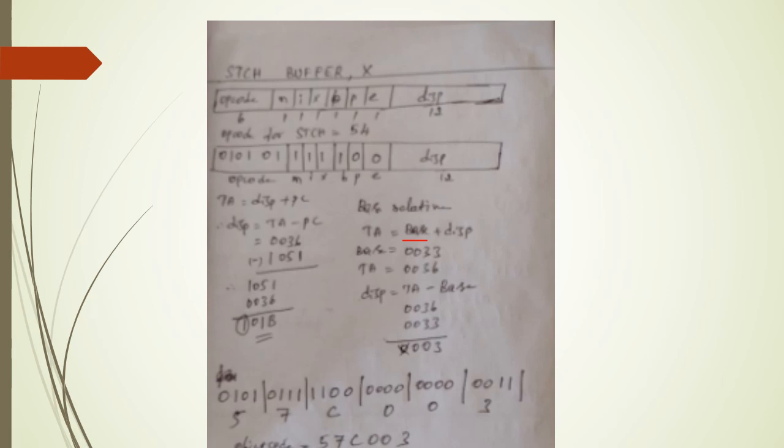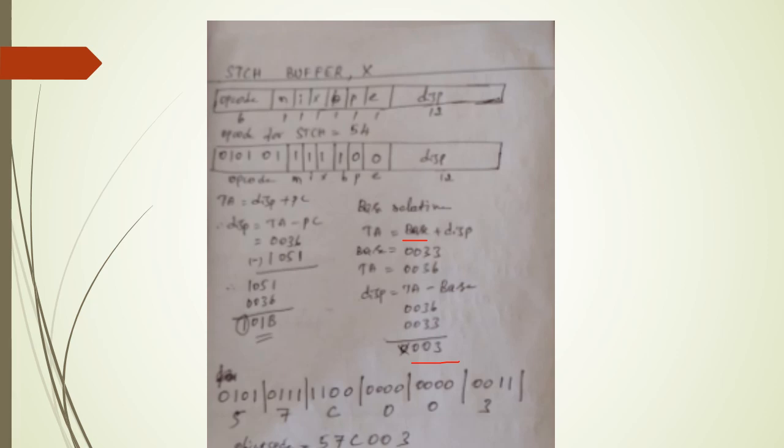In line 13 we have the instruction BASE LENGTH, that is, the length value is the base register value. Sorry, the base is 0033, the length value. Then the target address is 0036, that is the address of the buffer. Subtracting this, we get 0003. So that is the displacement now, 0003.